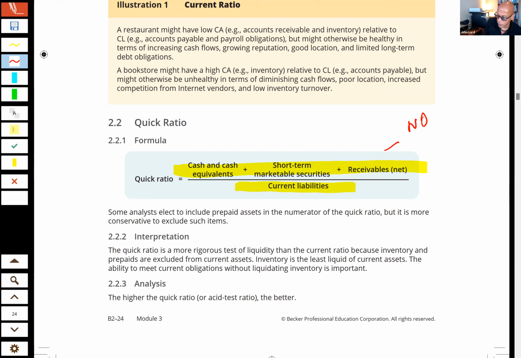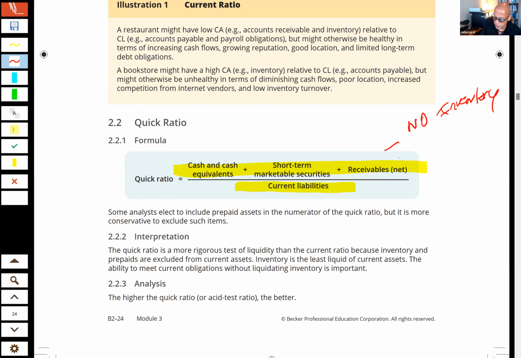Specifically, you can even write in here, no inventory. We don't include inventory as a current asset because, hey, maybe we're in a situation where we cannot sell our inventory quickly enough. Maybe we have some items that aren't moving very quickly. So we would take the inventory out.